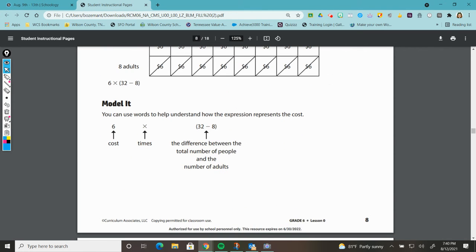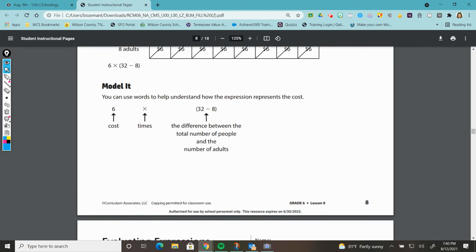Then we have model it, where you use the words to help us understand how the expression matches our problem.